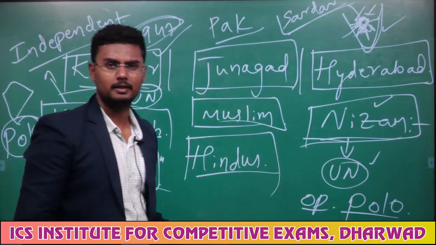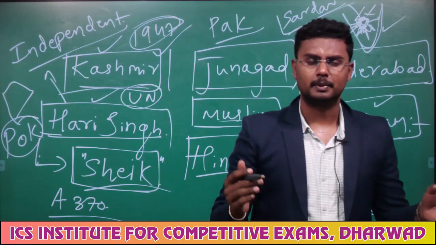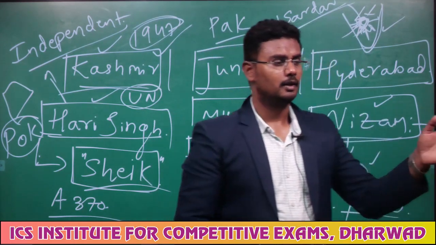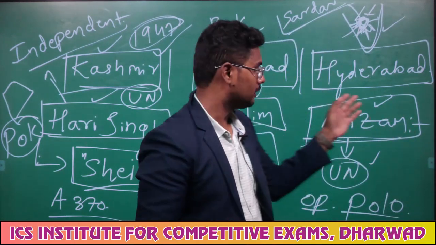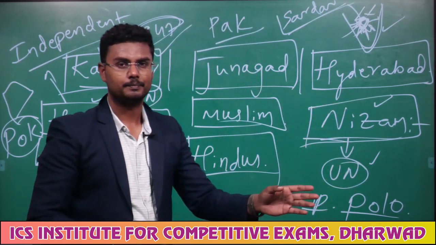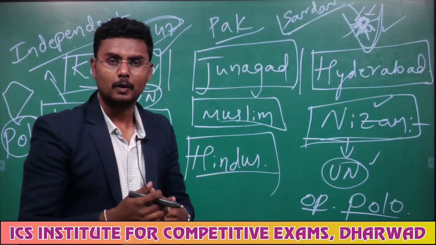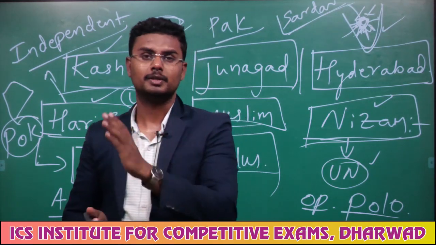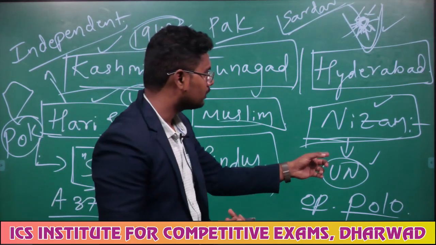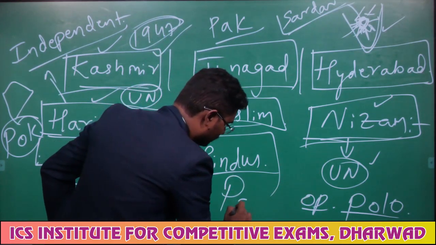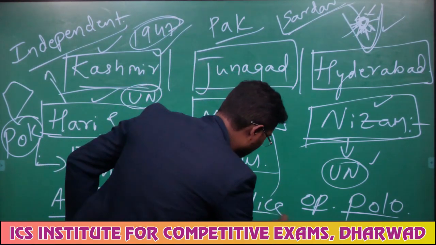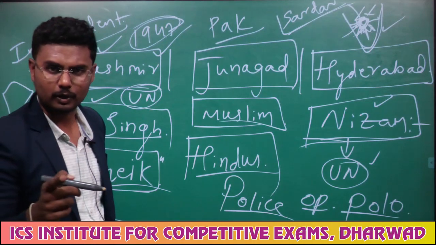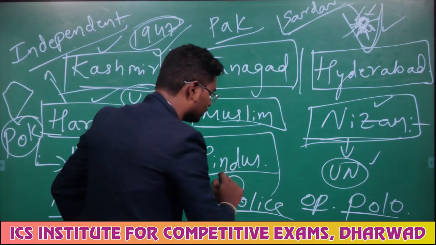But the United Nations said, see, as per our agreement, we had told Sardarji to not use military. As per our agreement, we had informed Sardarji and Nehruji to not use military force. Here, what are they using? They have used police force. Did they use military? No, right? They used police force.